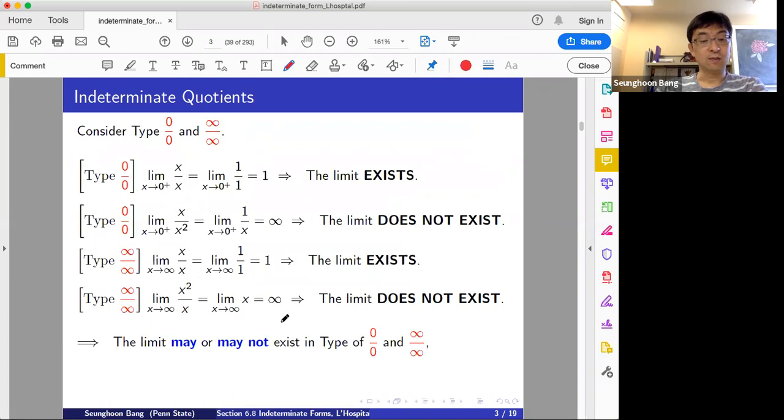The limit may or may not exist in the type 0 over 0 or infinity over infinity. Sometimes it exists, sometimes it does not. So it's called an indeterminate form of type 0 over 0 or infinity over infinity.